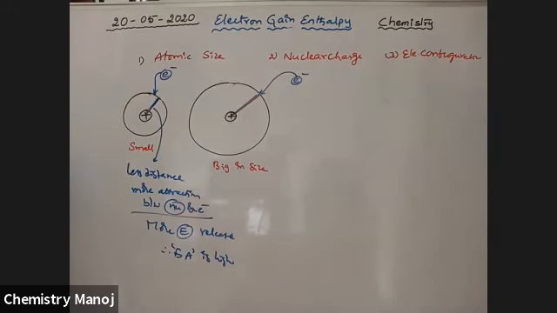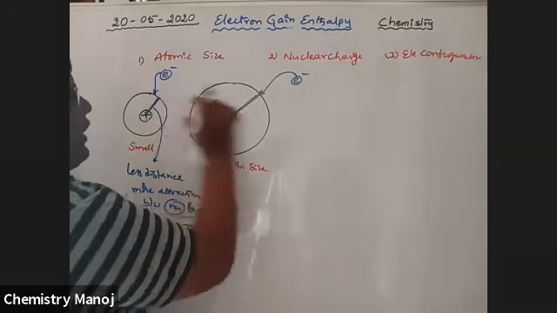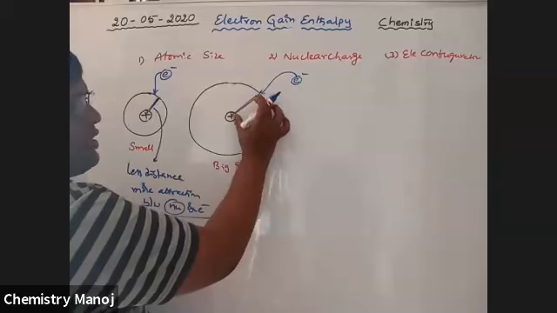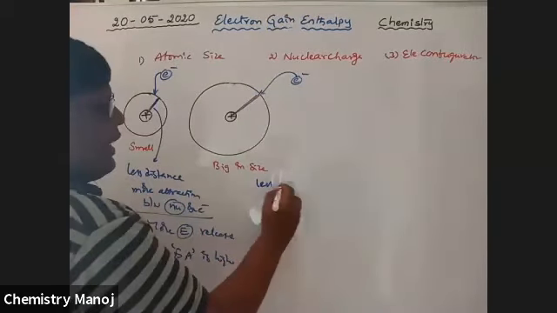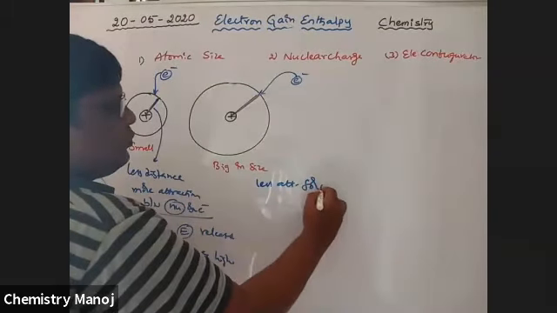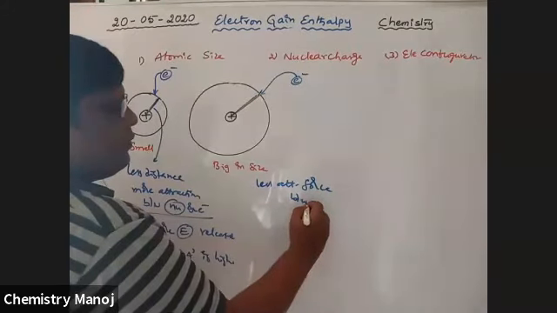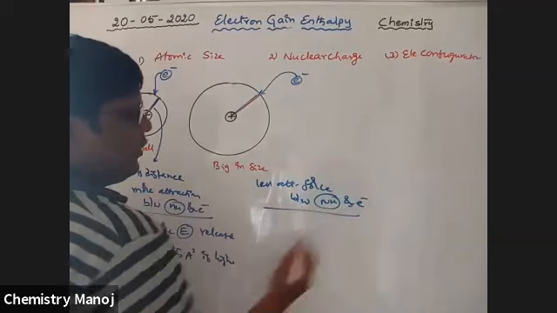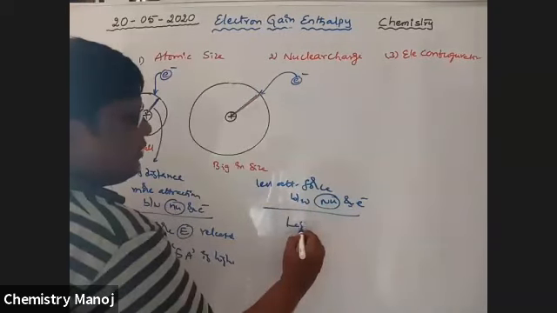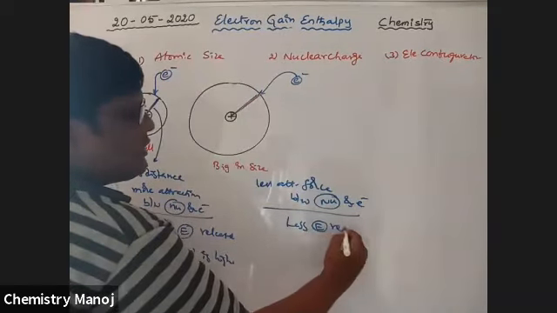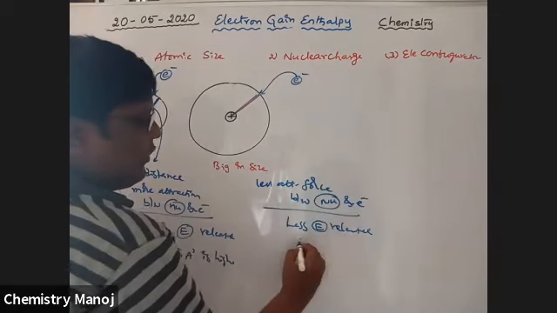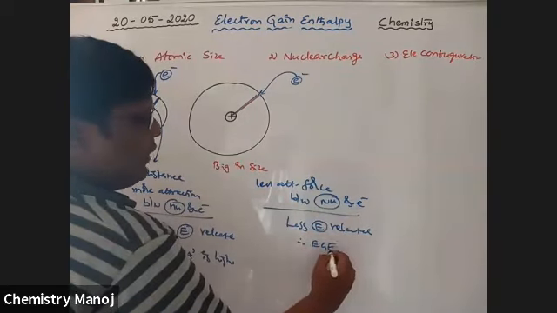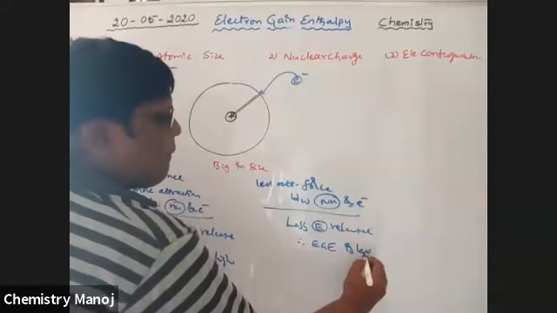Now here, when compared, it is a large distance. Large distance means less attractive force between the nucleus and the electron. Therefore, less energy is released, so electron gain enthalpy is less.